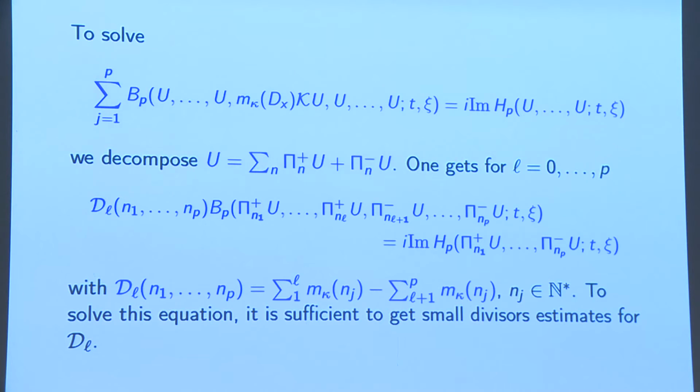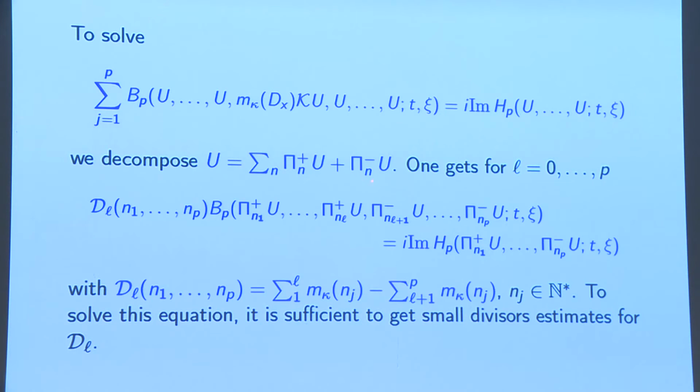And to solve it, let me decompose each argument, capital U, as a sum in n of pi n plus capital U plus pi n minus capital U, where what I denoted by pi n is just the spectral projector associated to the nth eigenmode of the Laplacian on the circle, and where, since capital U is a 2 vector, the plus and the minus denote projection on the first or the second component of that vector.